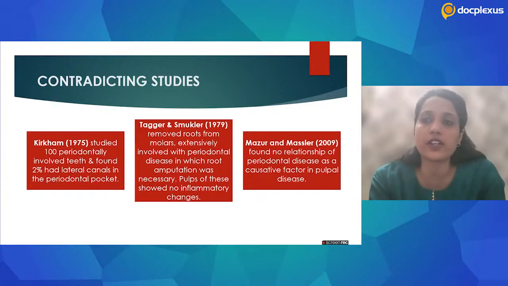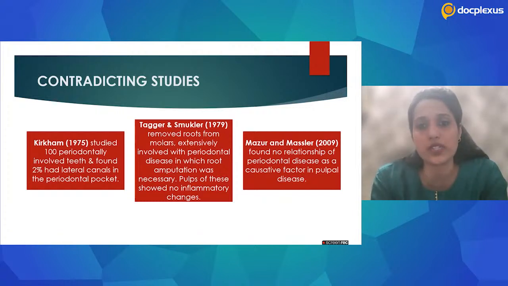Tegger and Smuckler in 1979 removed roots from molars which were extensively involved with periodontal diseases in which root amputation was necessary. And they again showed that pulps of these diseased teeth had no inflammatory changes. However, these studies are not only old, but these are the treatment modalities that are used nowadays as well. Mazur and Messler in 2009 found no relationship of periodontal disease as a causative factor in pulpal diseases.